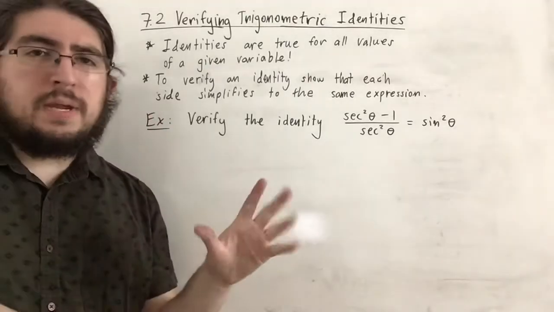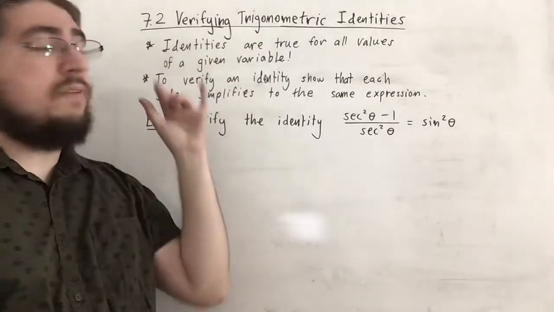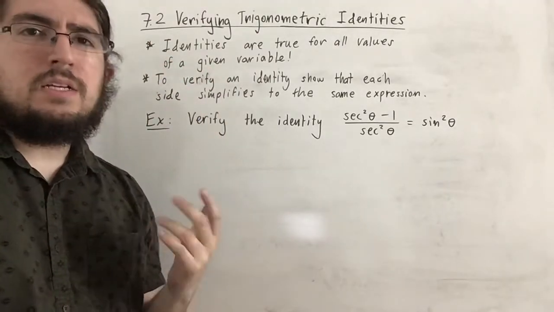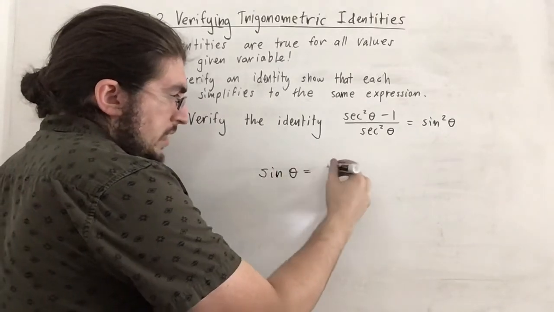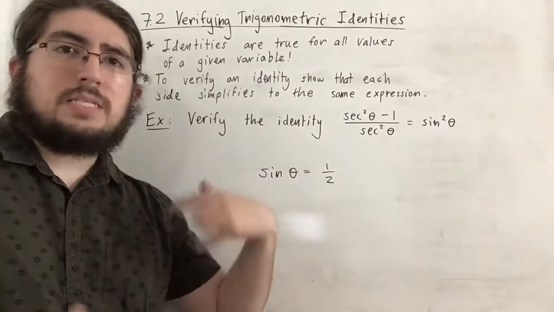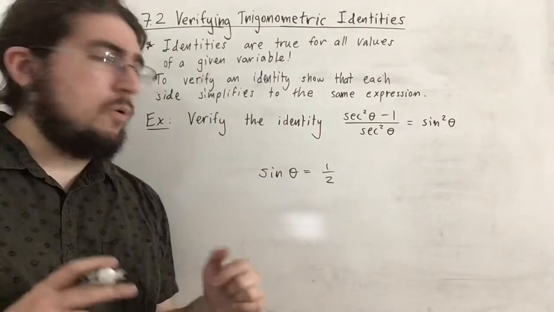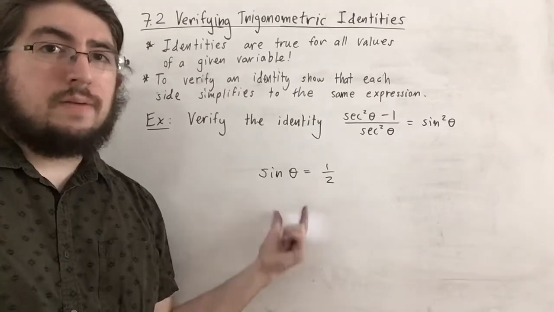Now, before we begin, I just want to keep two things in mind. The first thing is that identities are true for all values of a given variable. So for instance, if you have this equation here, this isn't actually an identity, it's an equation. The big difference, of course, is this is not true for all values of theta, it is only true for some values of theta.